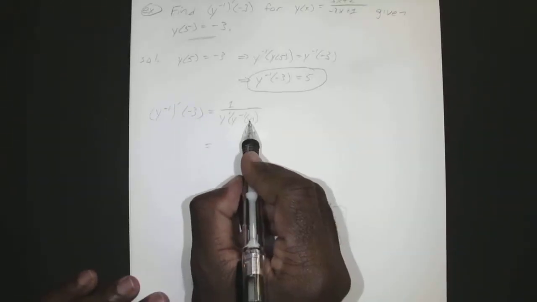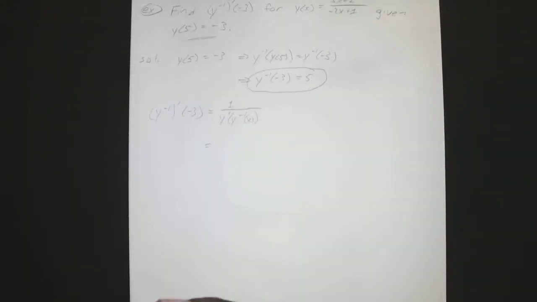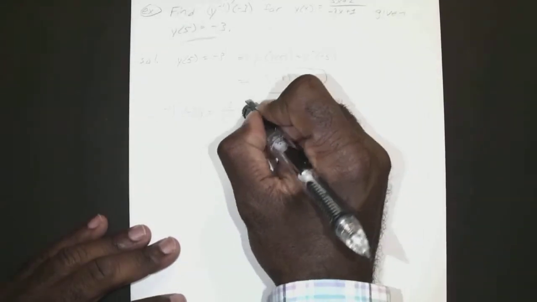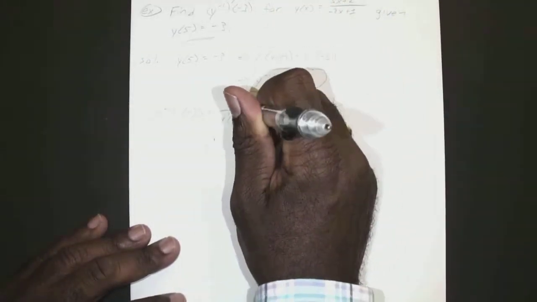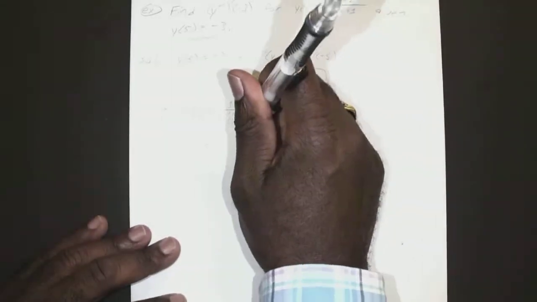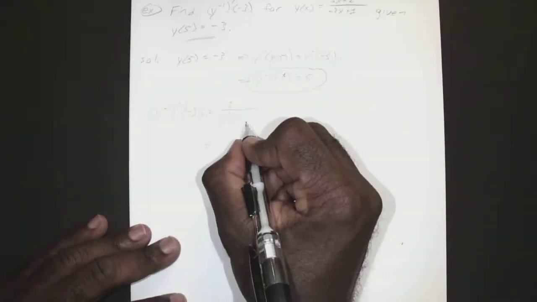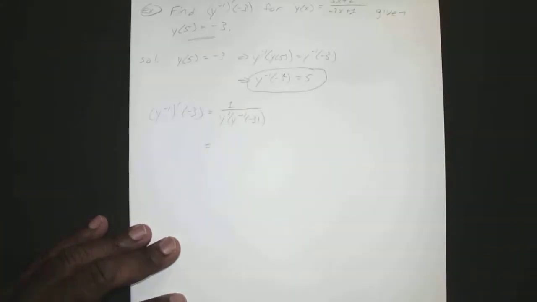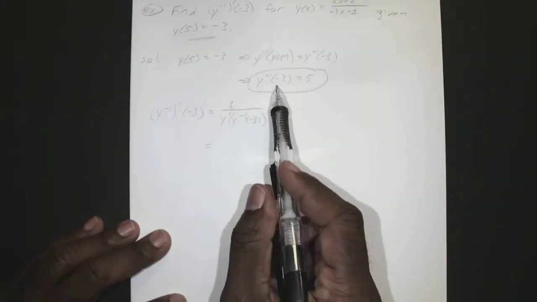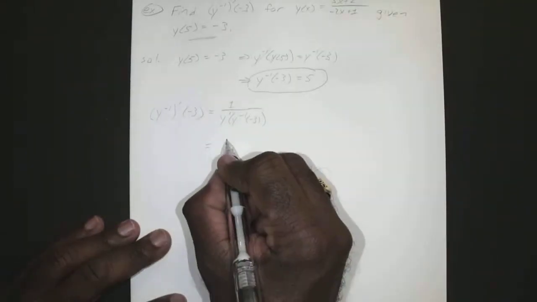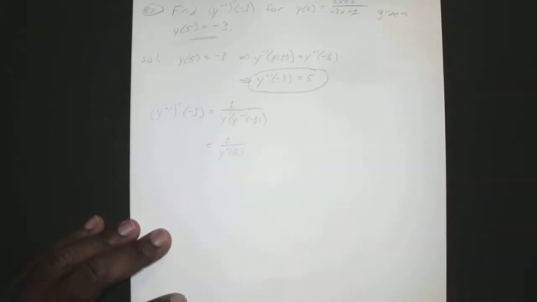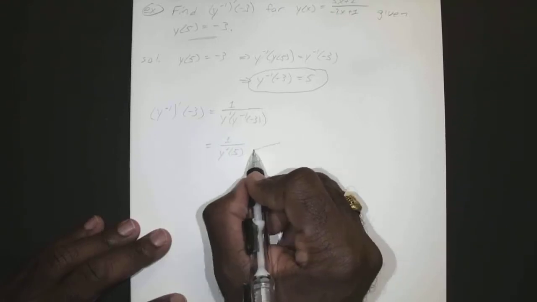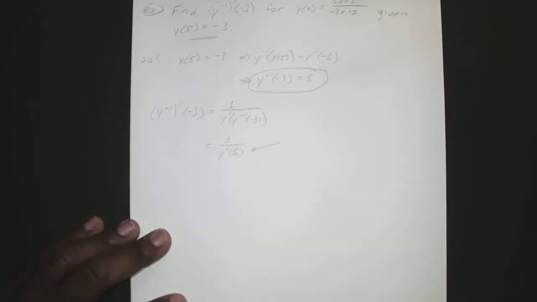We already know y inverse of negative 3 is equal to 5, so that's 1 over y prime of 5, which means we just have to find y prime of 5.